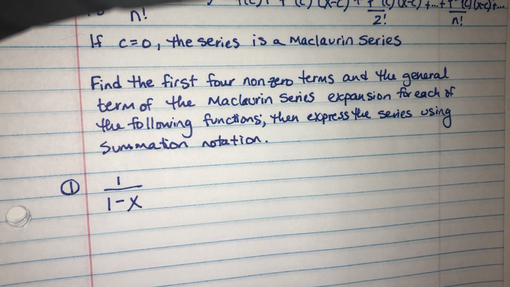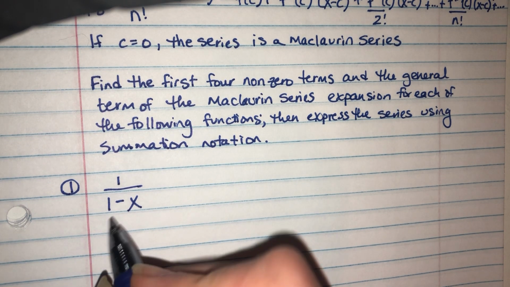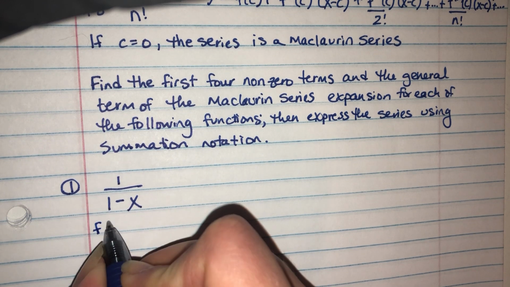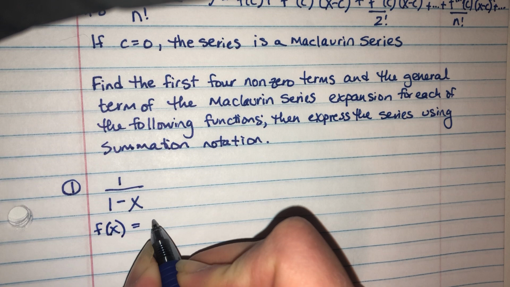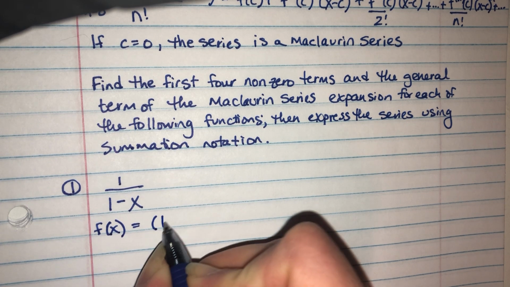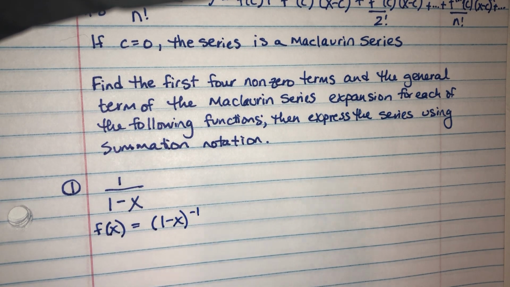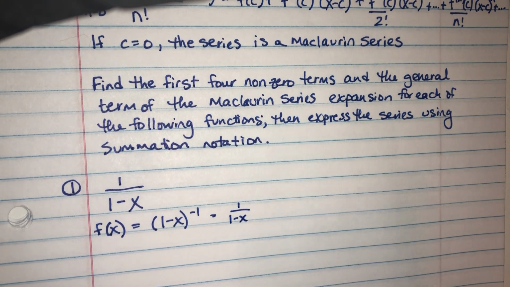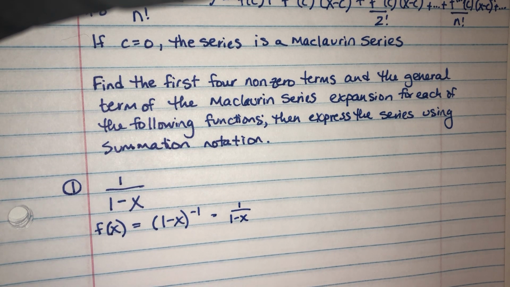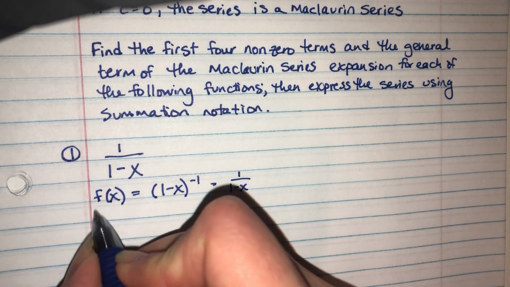Okay, so the way we do that, of course, is we're going to say, all right, our first function is just 1 minus x raised to the negative 1 power. That's equivalent to what we have right here, right? Because as we kick it down to the bottom it becomes 1 over 1 minus x. Okay, so now we're going to take the first derivative of that.